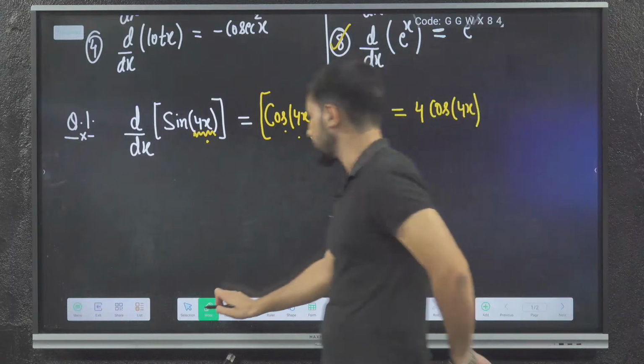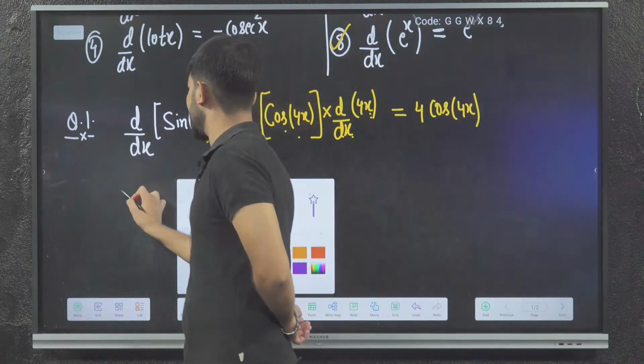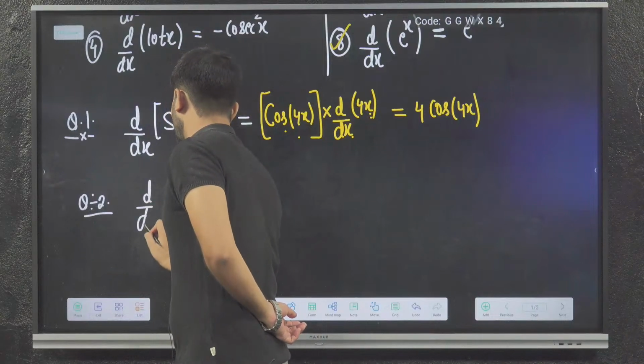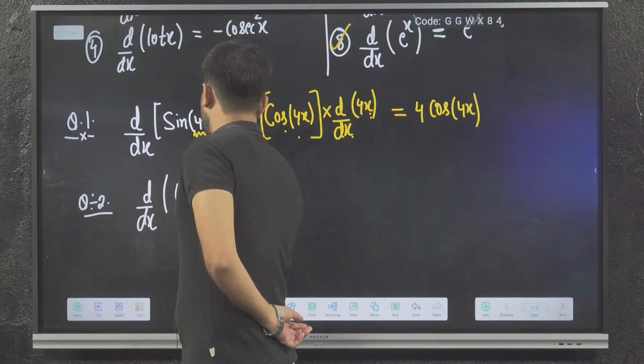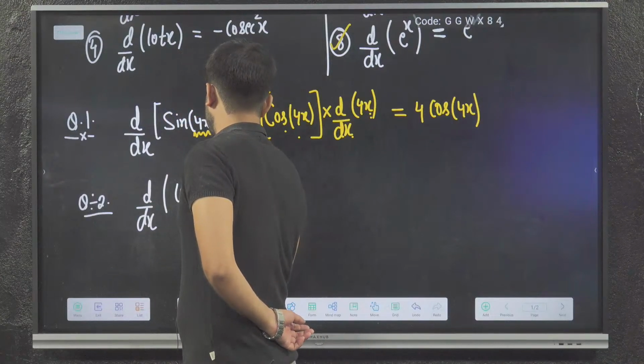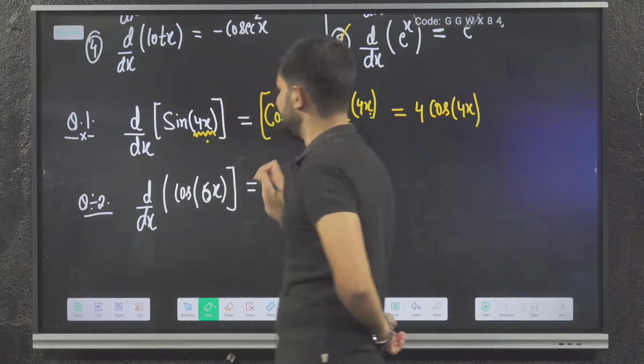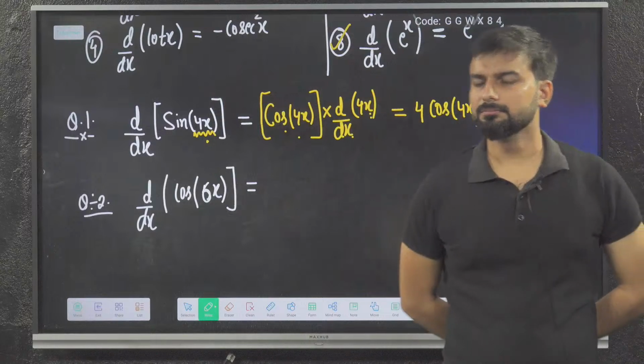So I'll ask one more question. Question number 2: d by dx of cos of 5x or 6x. Very simple. Tell me the answer for cos 6x.